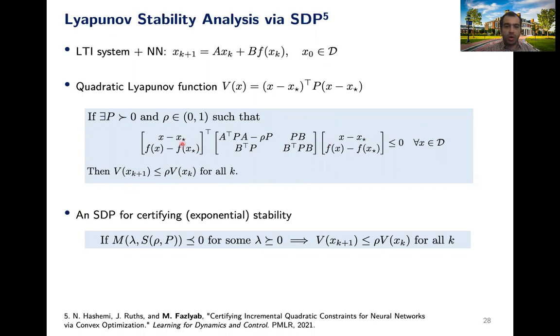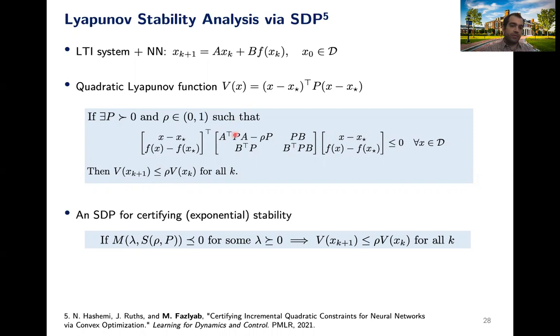So this quadratic inequality in the middle is precisely equivalent to this exponential stability condition of the Lyapunov function. We can see this quadratic inequality is basically an incremental quadratic constraint on the map of the neural network.